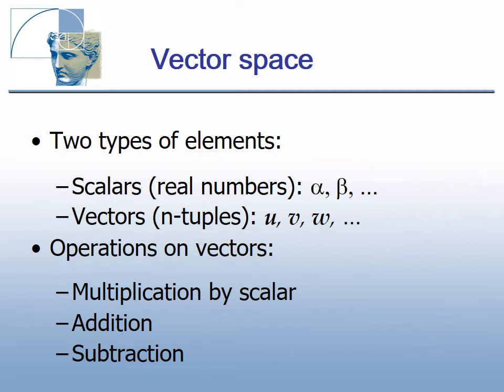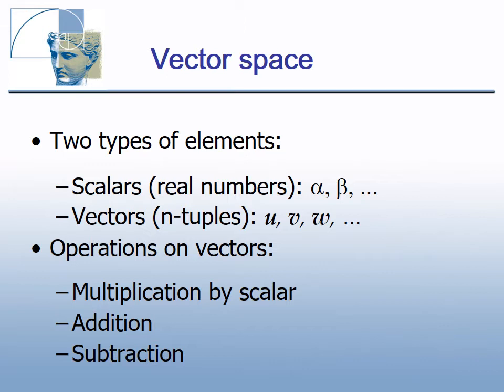A linear or vector space definition is based on the following terms. There are two types of elements of a vector space. The first one is scalars, or real numbers, like 1/2, 1, 2, 3, 4, 5, which will be denoted like alpha, beta, and other Greek letters.